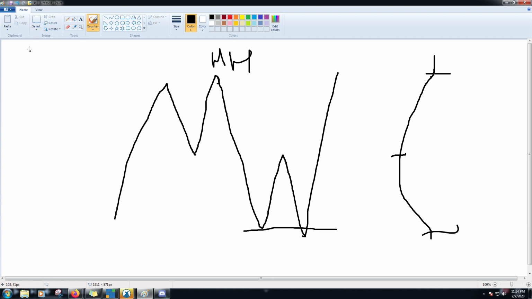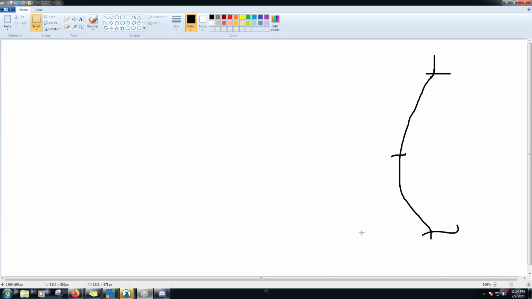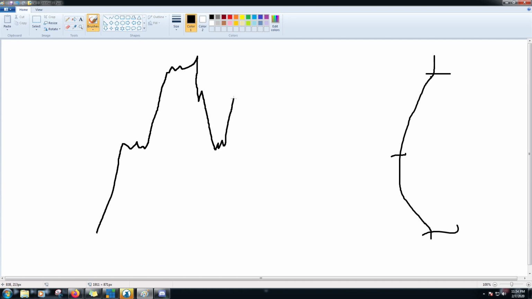Because in reality, and just keep in mind I'm kind of winging this, I really want you guys to understand because there's nothing else out there like this. I want to help you guys out. In reality, it's going to look something like this: it comes up, chops, comes down, chops around a little bit, and then there's a bounce.